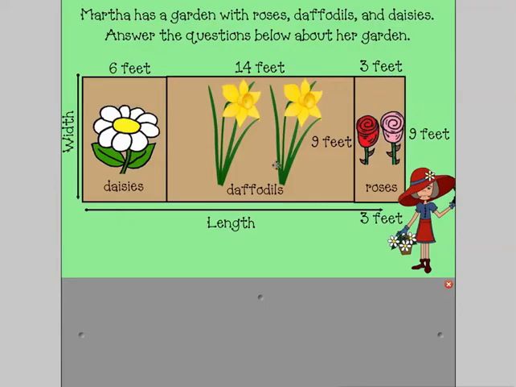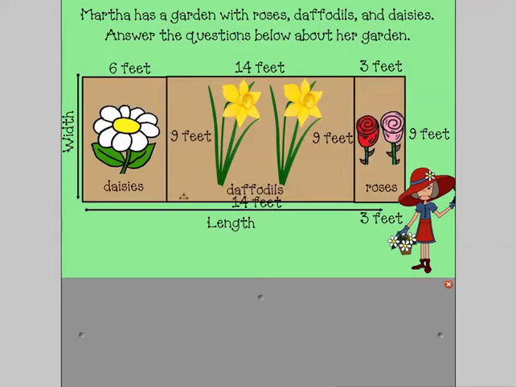Let's take a look at the daffodils. If this side of the daffodils is 14 feet, what does this side of her daffodil section have to be? If you said 14 feet, you're right, because opposite sides of rectangles are the same size. So 14 feet and 14 feet. Now we know that this side of the daffodil section is 9 feet. So again, we know that this side over here has to be 9 feet as well.